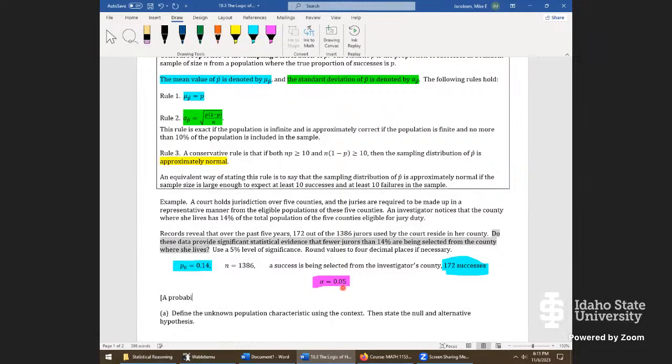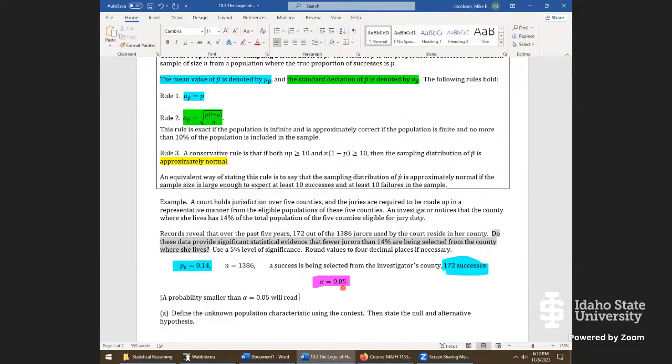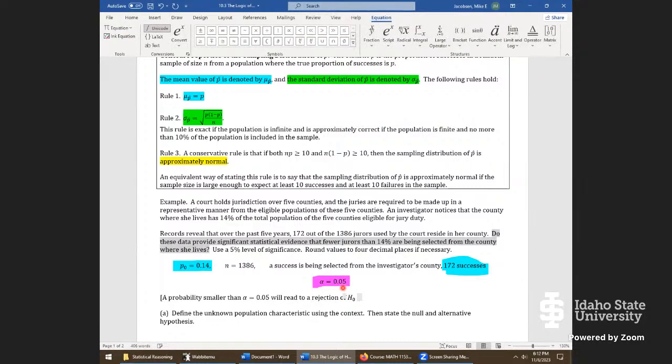A probability smaller than 0.05, let's call that alpha since that's what it is, will lead to a rejection of H naught.